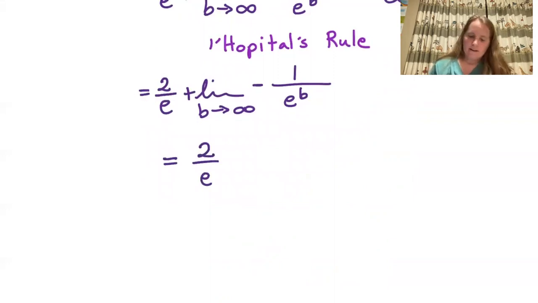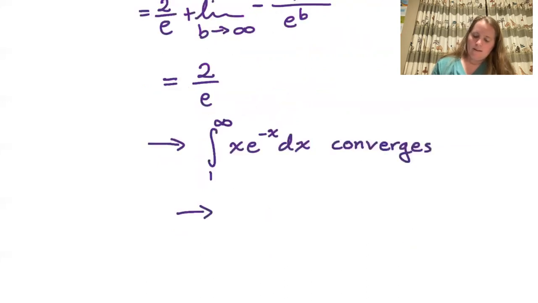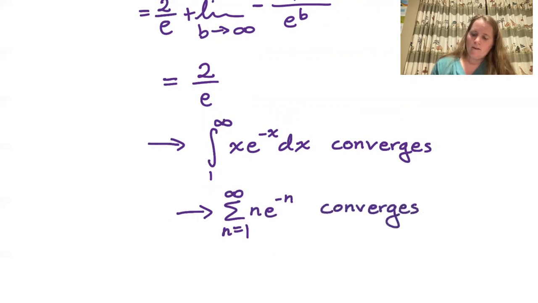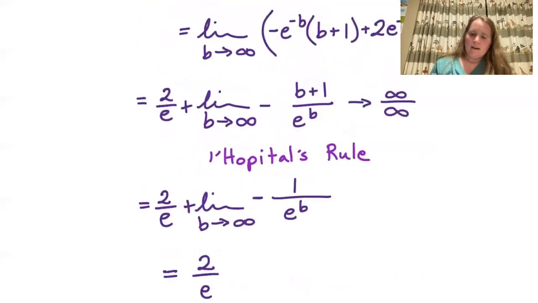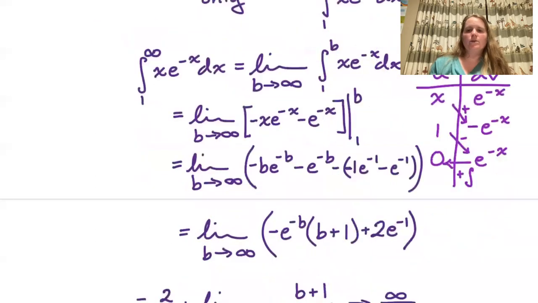And so we get that the integral from 1 to infinity of x e to the negative x dx converges. And that therefore means that the sum from n equals 1 to infinity of n e to the negative n converges. So once again, the mistake I made was when I plugged in 1 to my antiderivative, I missed the negative in front of the x.